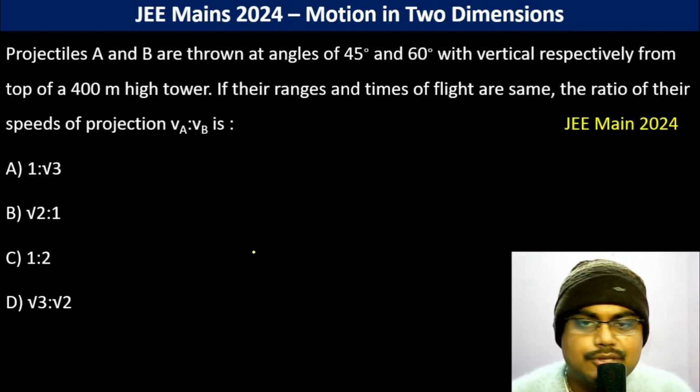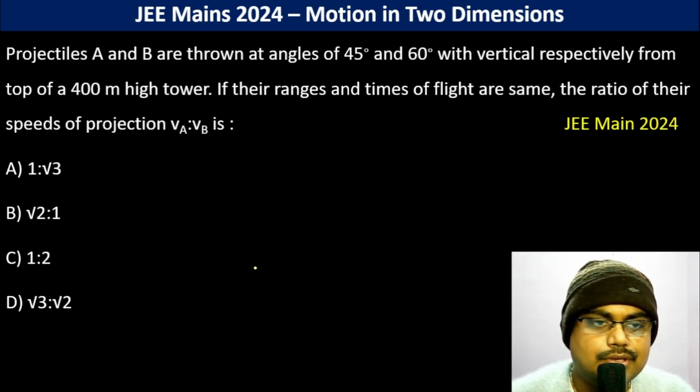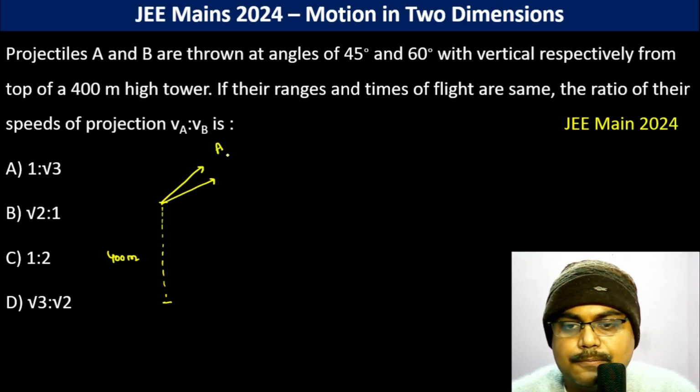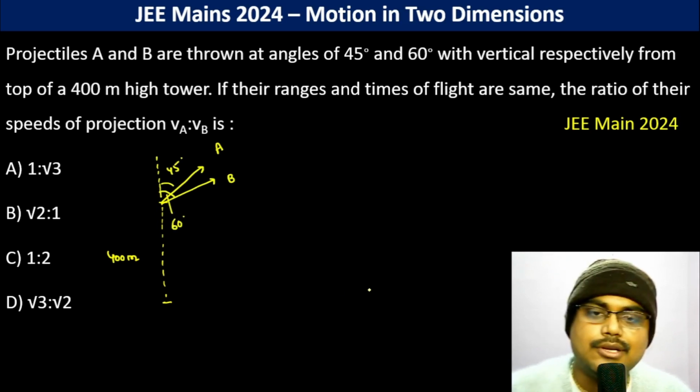Projectiles A and B are thrown at angles of 45 degree and 60 degree with vertical respectively from the top of a 400 meter tower. So you have 400 meter high tower, and this is A projectile and this is B projectile. A is at 45 degree from vertical, and B is at 60 degree with the vertical.